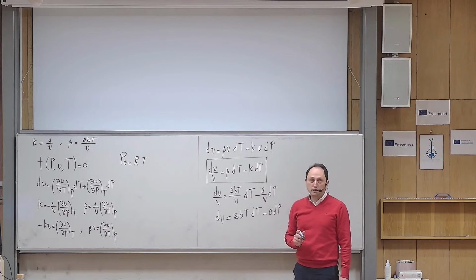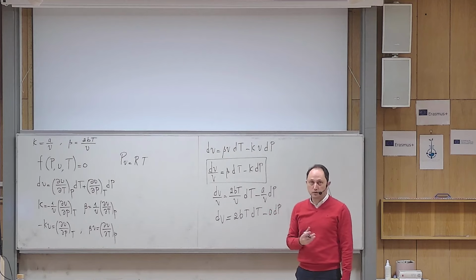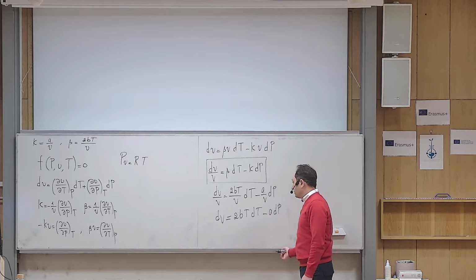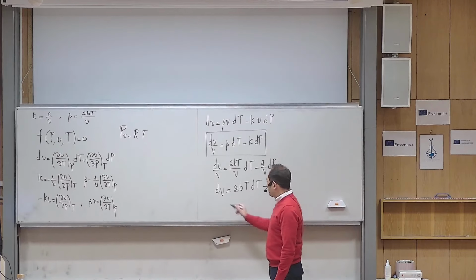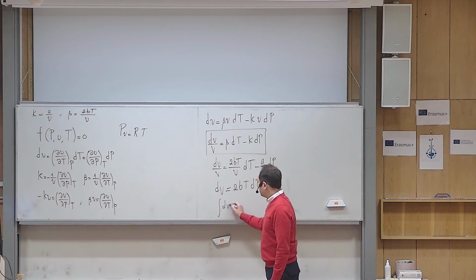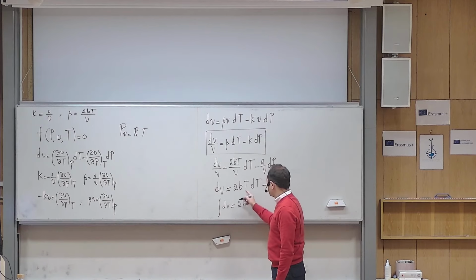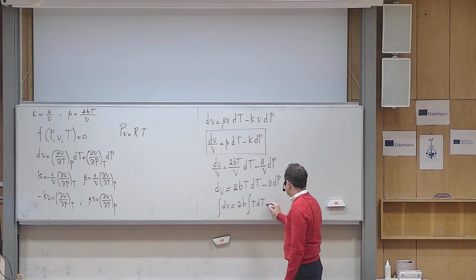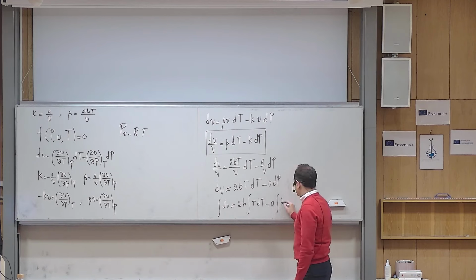But in order to find the equation of state, I want a relation between P, V, and T themselves. Okay? So what should I do? I integrate dV. On the right-hand side, 2b is constant, so I integrate T dT, and then a is constant, integrating dP.